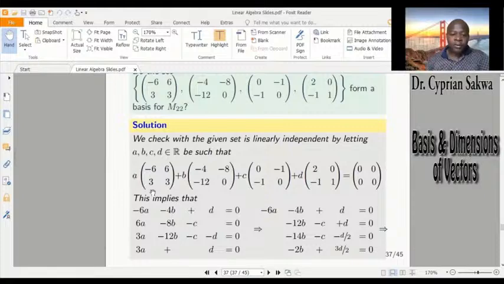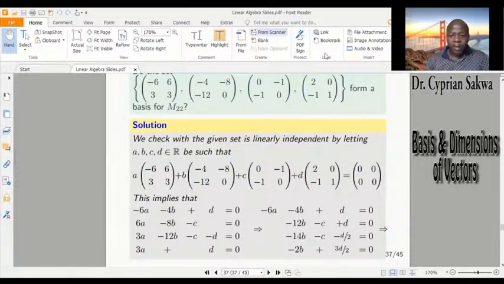Do that for the element in the second row, first column: this element times A, this element times B, negative 1 times C, negative 1 times D. Add those results and equate to 0. Then come to the final element here in row 2, column 2: 3 times A, 0 times B, 0 times C, and 1 times D, equal to 0. So I did that, and I got this system of linear equations.